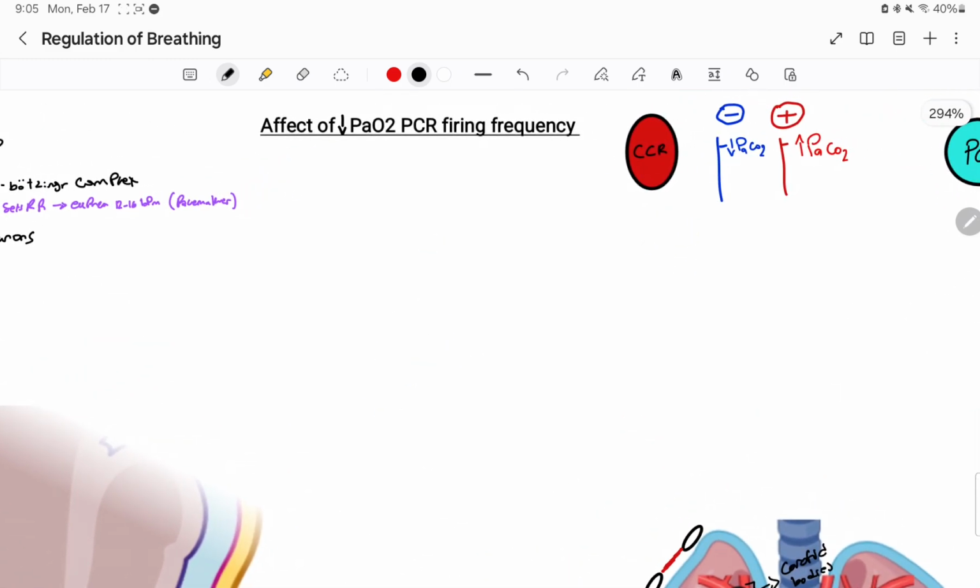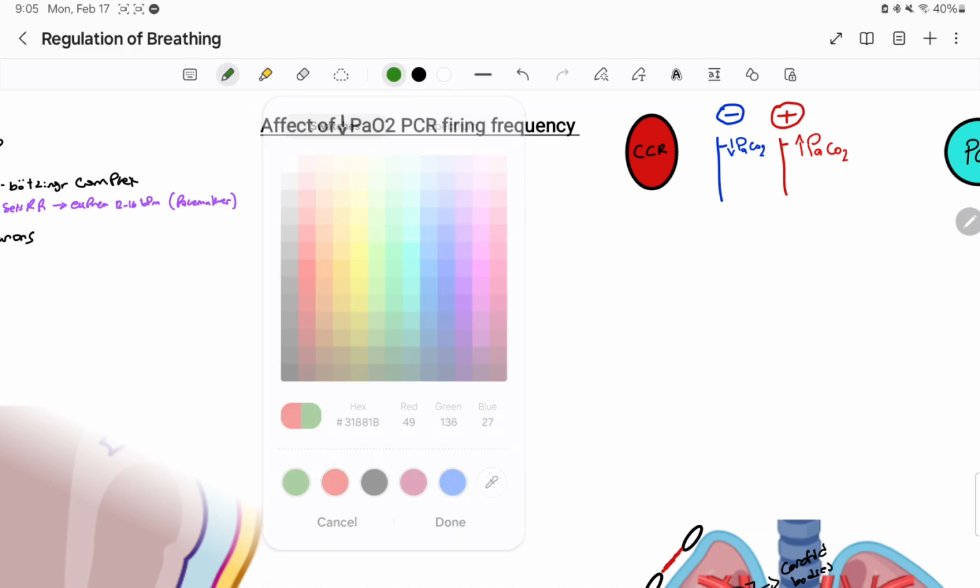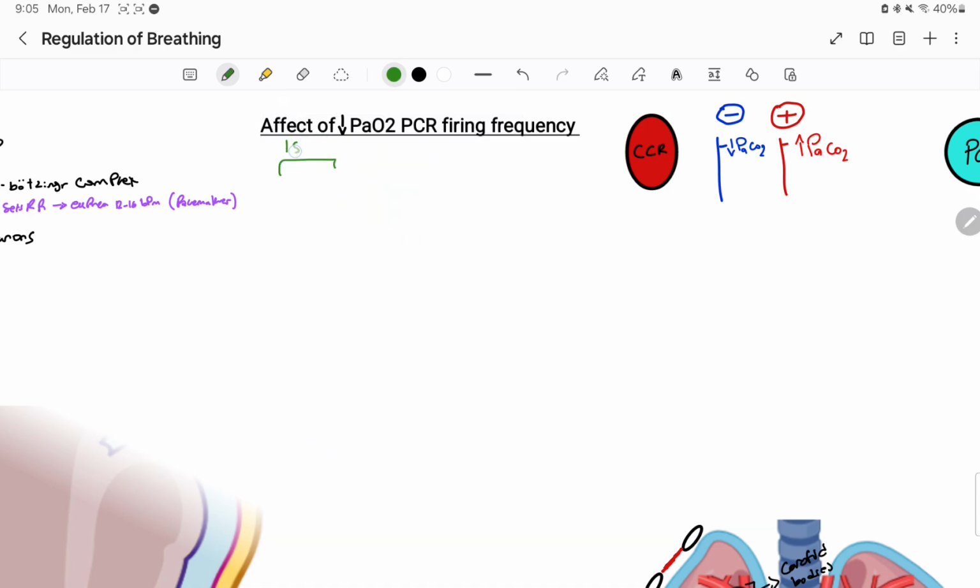Go back to the start of the video to remember that. So let's take a look at these three scenarios here, okay? So here we have in 1 second, in 1 second, and in 1 second here, okay? And then we have three different partial pressures of oxygen.